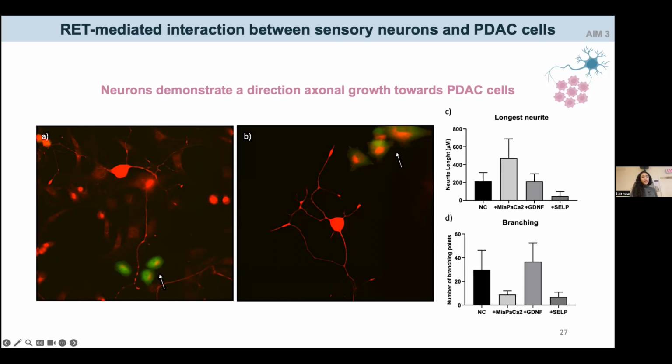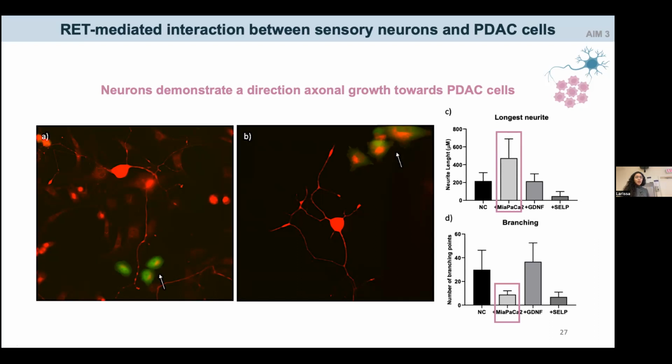After that, we assessed the length of axons and also the number of branching points. What we found was a noticeable change in the length of the longest neurite, which was increased, and the number of branching points, which was decreased after the co-culture with the MIA-PaCa cells.